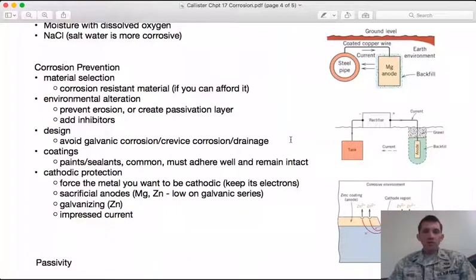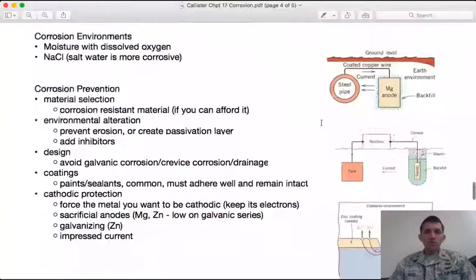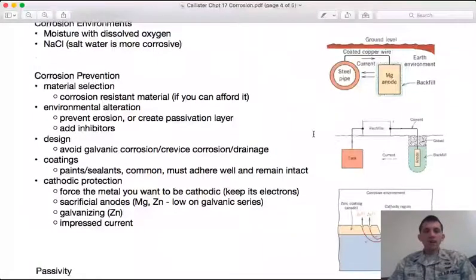This probably was made kind of tongue in cheek, but has an element of truth in that any exposed metal is going to corrode. If you can paint that, then what you're doing is removing the environment, right? That saltwater environment or that moisture environment from having direct contact with your metal.